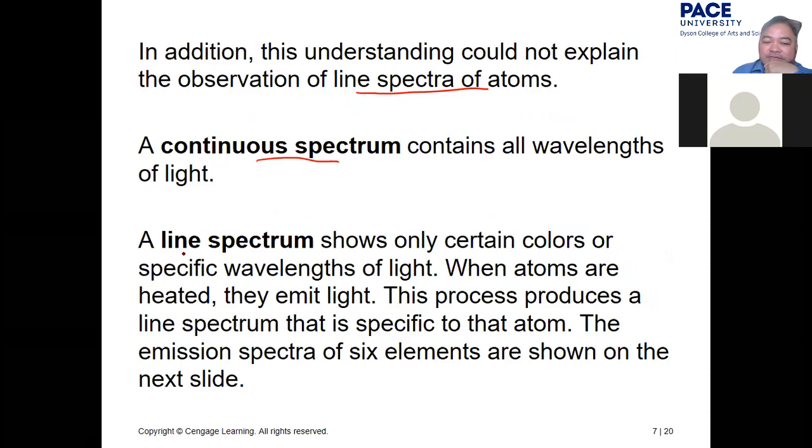However, when they look at the line spectrum of some elements, they only show certain colors or specific wavelengths of light. When atoms are heated, they emit light, and this process produces a line spectrum that's specific to that element. And this is the basis of your experiment 10.